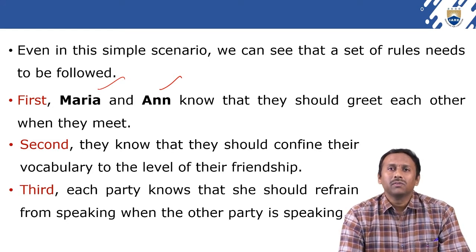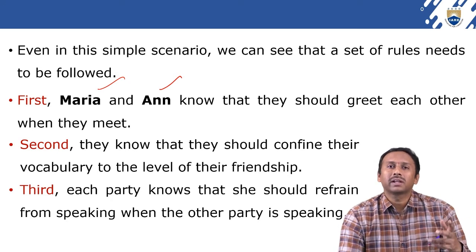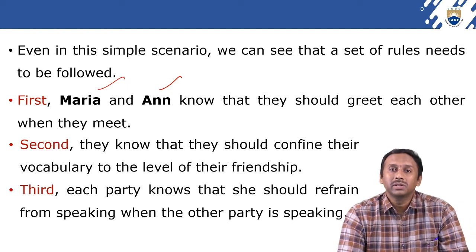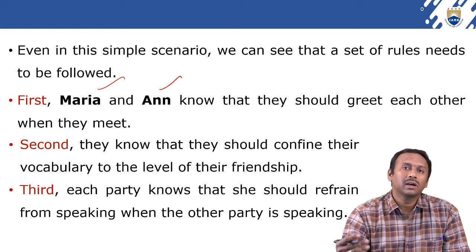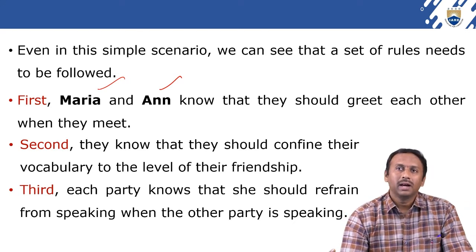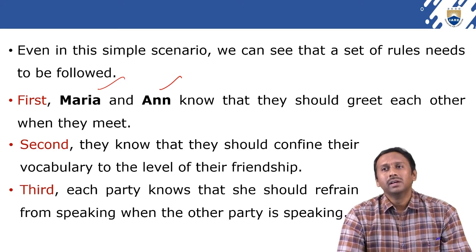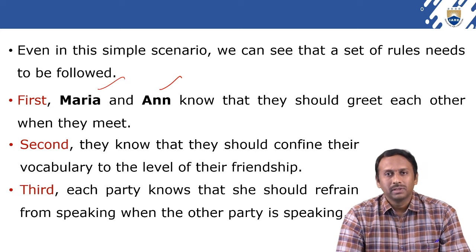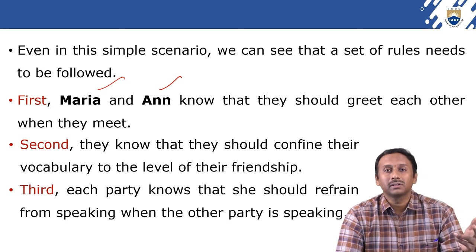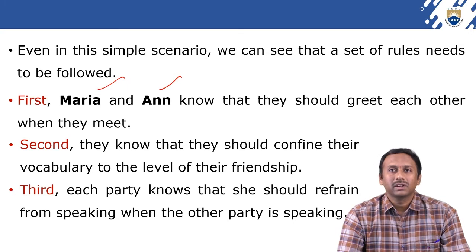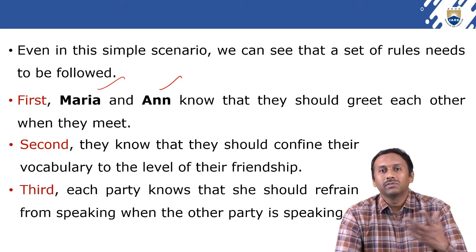When two people are sharing and discussing their ideas, their maturity level, how they communicate, how they think, and how they approach each other is completely different from others. Second, they know that they should confine their vocabulary to the level of their friendship, because they are neighbors and good friends, and their mindsets are very similar, with a lot of common ideas.